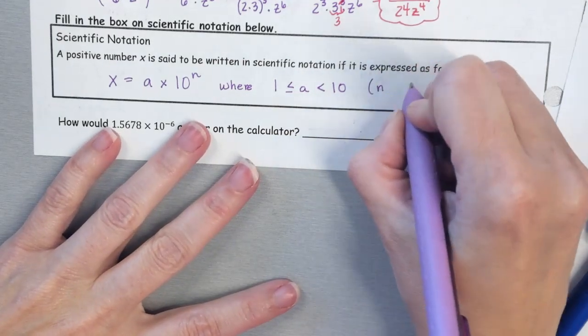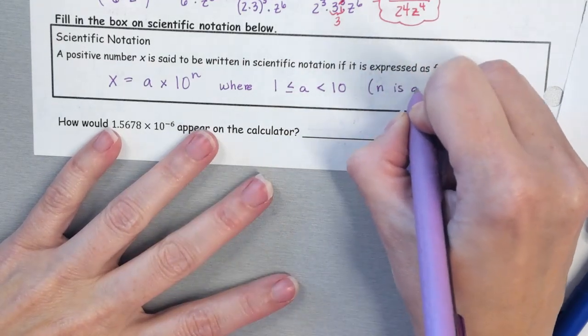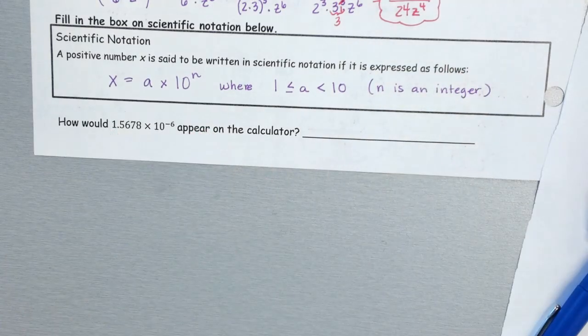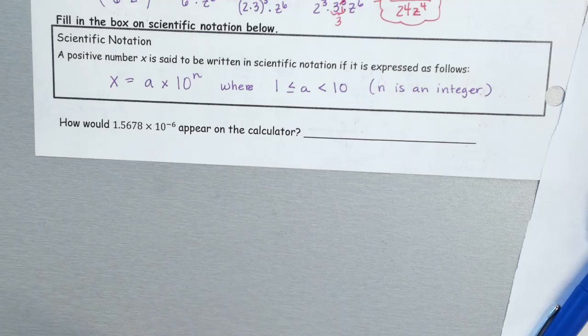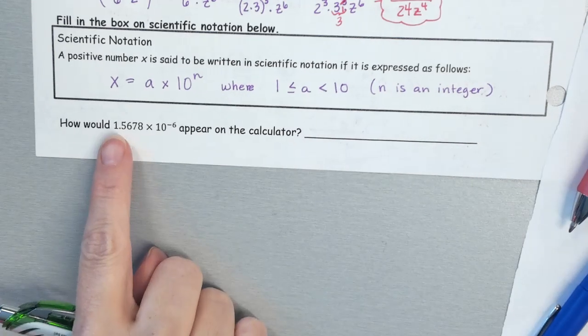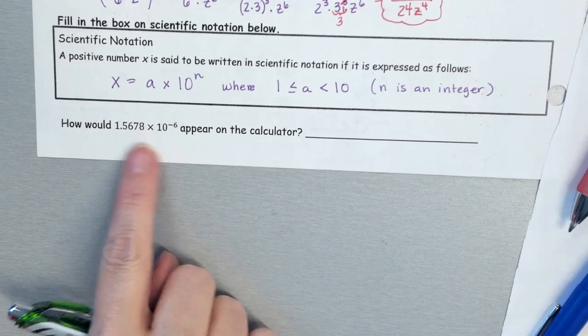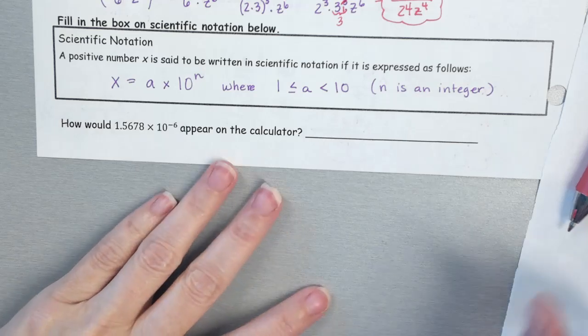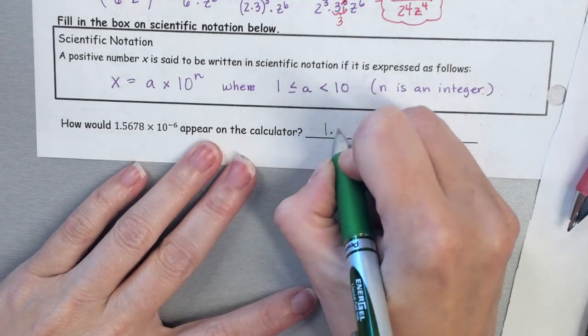And then you'll also see this, it says n is an integer. Okay, so n can be a positive or a negative whole number. And again, this is in an information box in your textbook. The main thing I want you to remember about this is how this is going to end up looking on your calculator, because when we use that, we have to look out and make sure we remember what the symbol is.